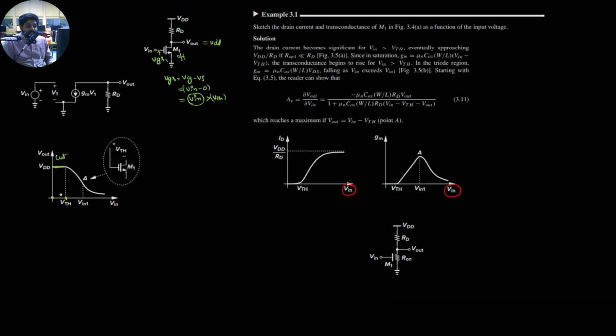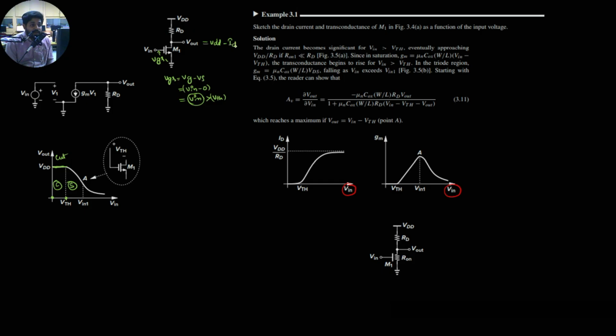Right now it is entering into the saturation region; it won't be cut off then, it starts conducting current. So whatever is VDD minus IDRD, the remaining voltage is dropped. So there will be an IR drop across RD.